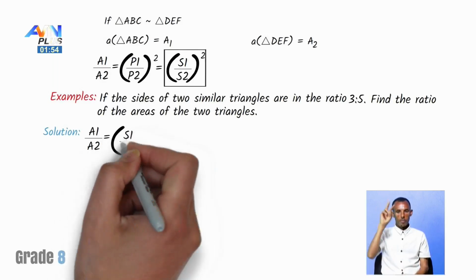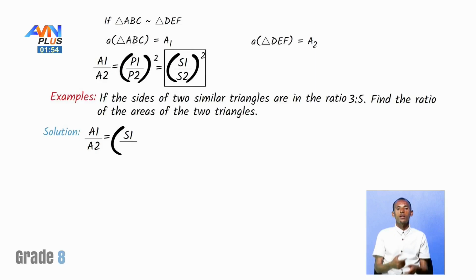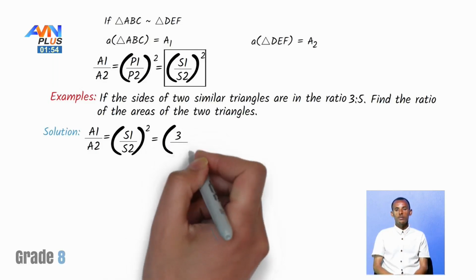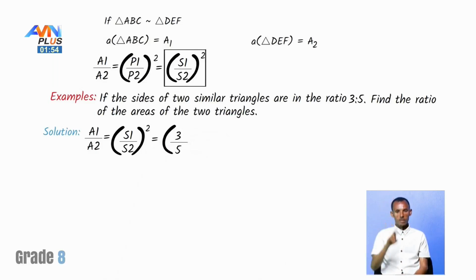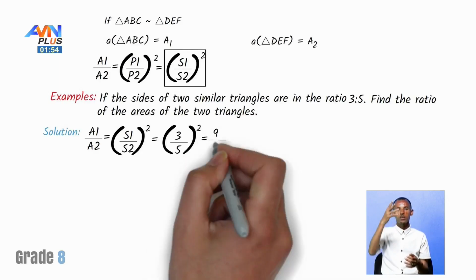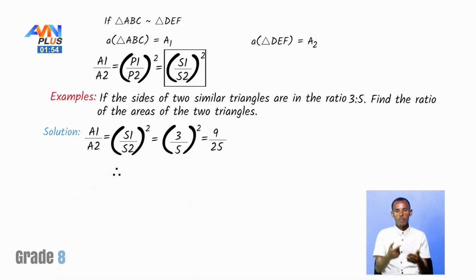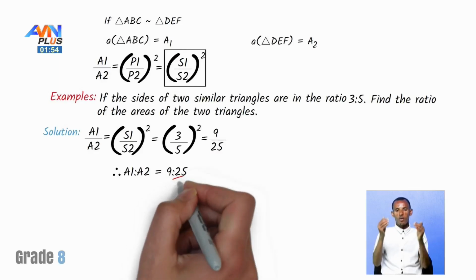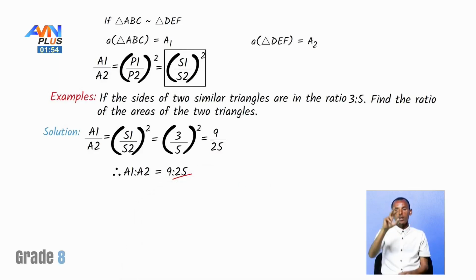Here, S1 by S2 is 3 by 5, so you make it square. This gives us 9 by 25. Therefore, the ratio of the areas of the two triangles is 9 by 25.